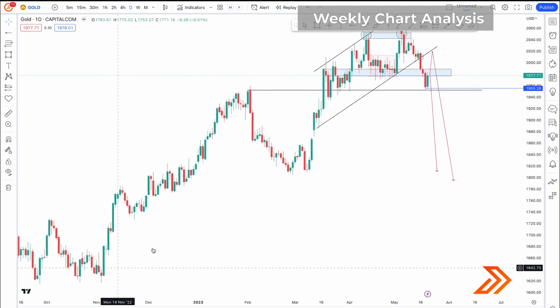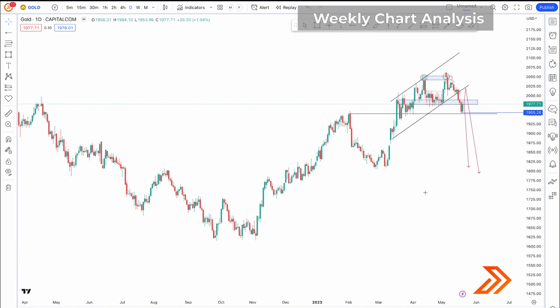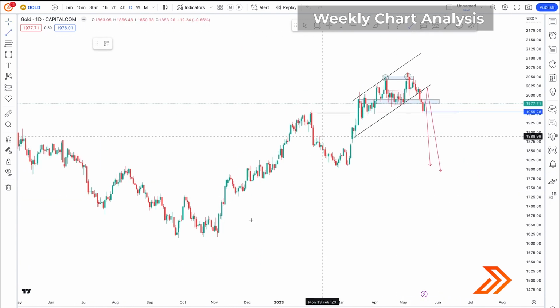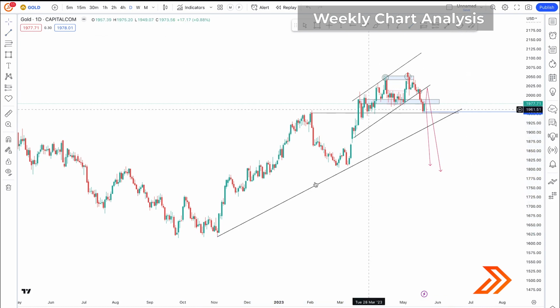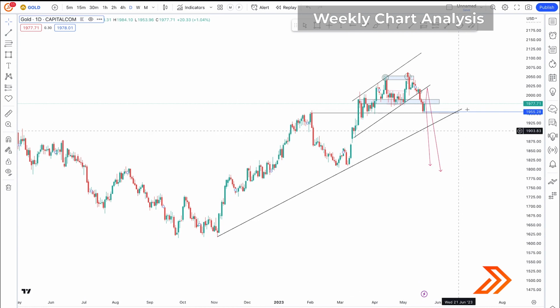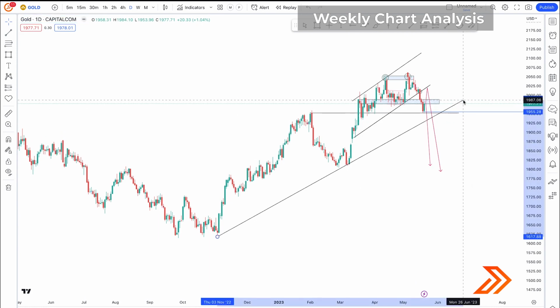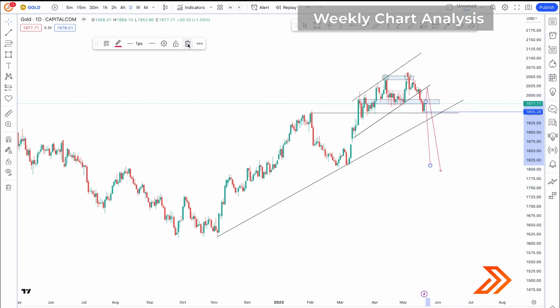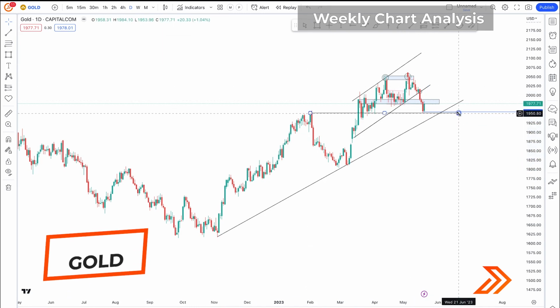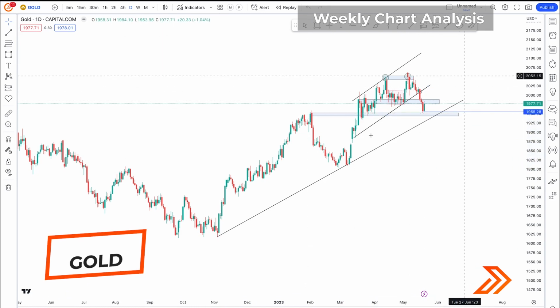In as much as gold has been on an uptrend, I don't want us to overlook this scenario also playing out on gold. This test that we have at this zone here, and then price coming back down to retest this major zone properly and then make a major move up.